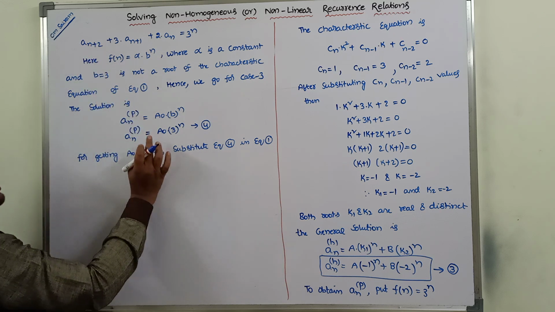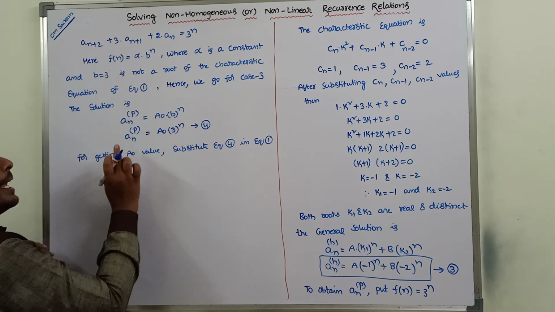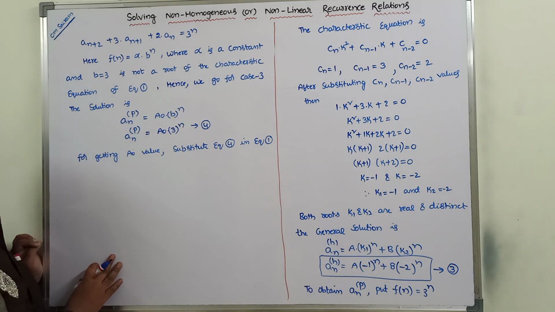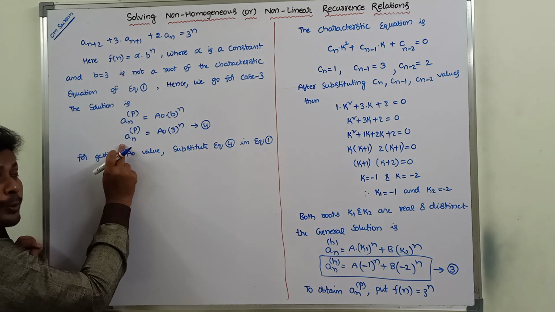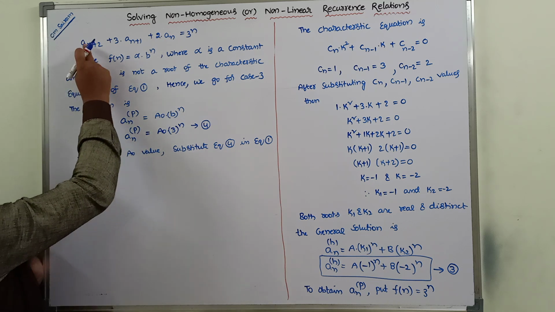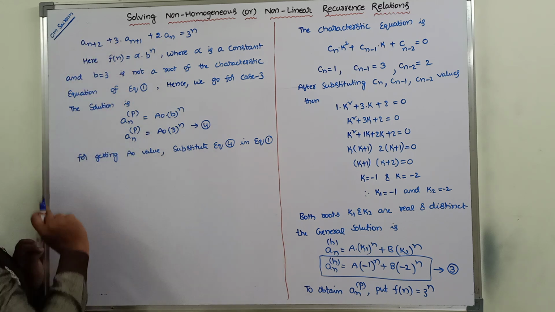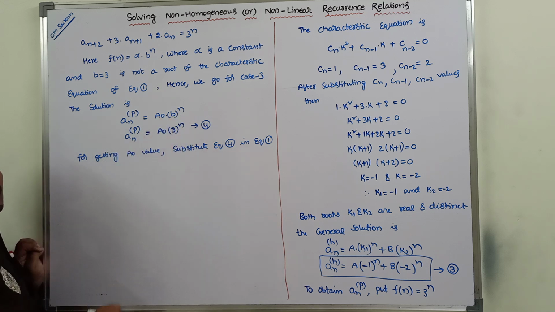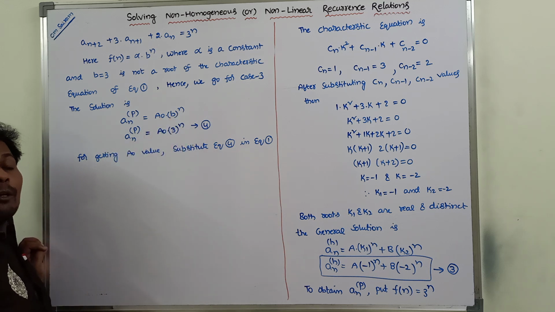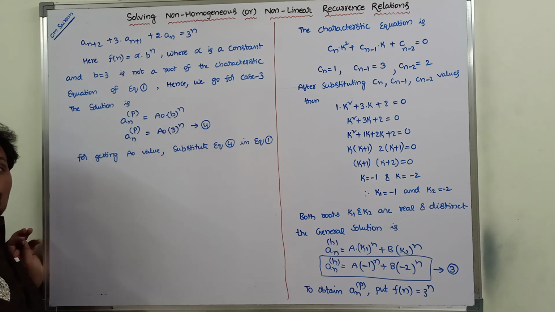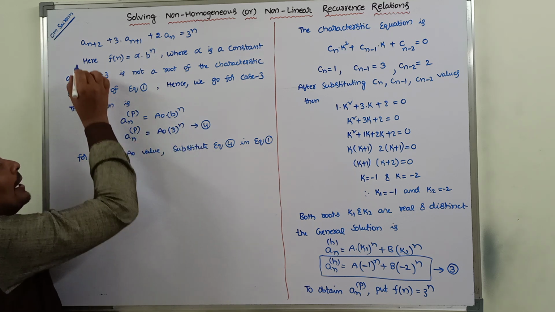Now a suffix n plus 2, what do we get? A suffix n is equal to a naught into 3 power n, so a suffix n plus 2 is equal to a naught into 3 power n plus 2. Because we substitute n plus 2 in the place of n.